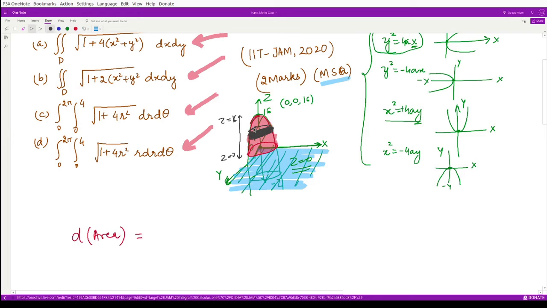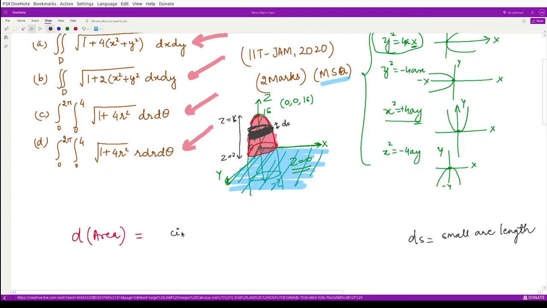whatever is the circumference of the circle times this length. Now this length, because it is not a straight line, I will call ds, the small arc length. And what is the circumference here? We have to see that.